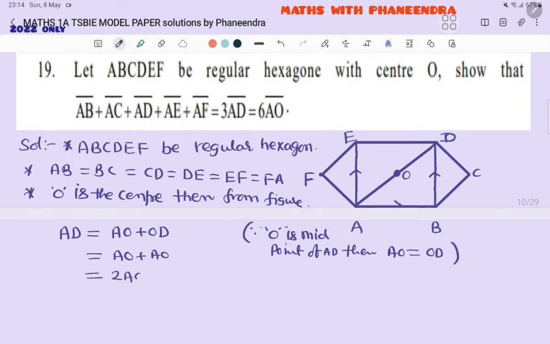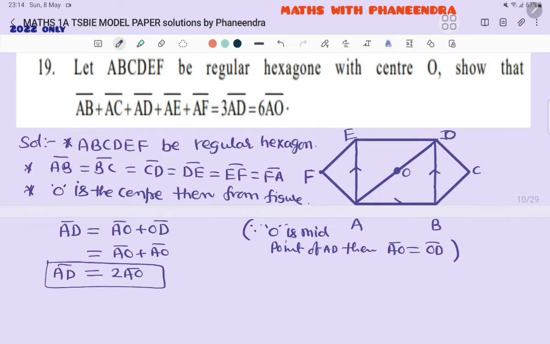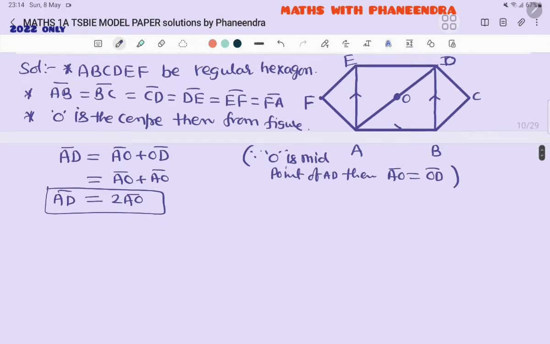So AD is 2 times AO. Wherever AD is there, you take it as 2AO. All are vectors with bars. Why? Because the magnitudes, all lengths, are equal like this. So I hope you understand till here.